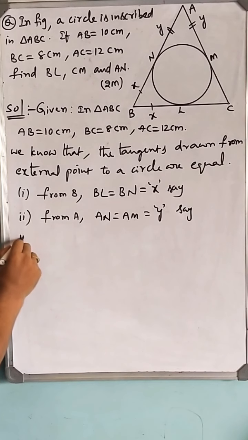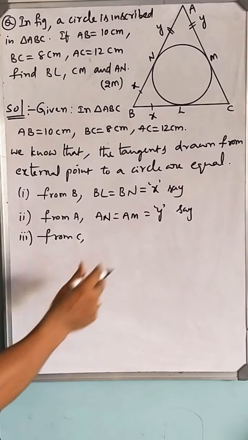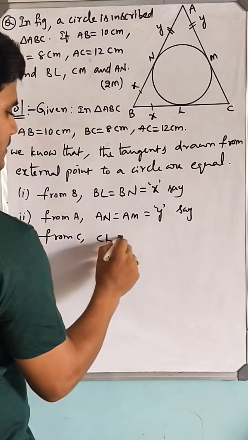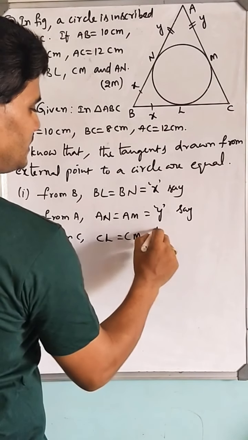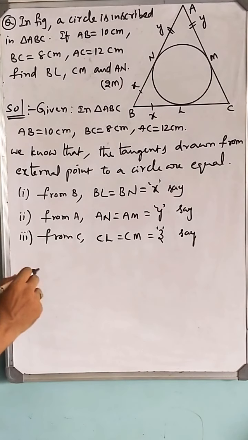And from C, 2 tangents were drawn, that is CL is equal to CM. Let the length of the tangent be z, let's say.